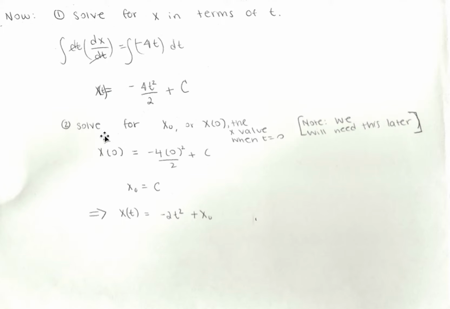We now want to substitute t equals 0 to find x naught, because we will need this later when we use our initial condition. Substituting t equals 0, we get x naught is equal to c. Therefore, x of t equals negative 2t squared plus x naught.